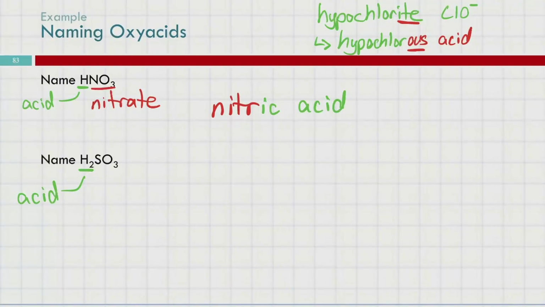SO4. We find SO4, and that's the ATE ending. We're only given the ATE endings. We have SO3. So how do we need to change our name to accommodate the change in oxygens? If the SO4 2- is sulfate, what is the SO3 2-?